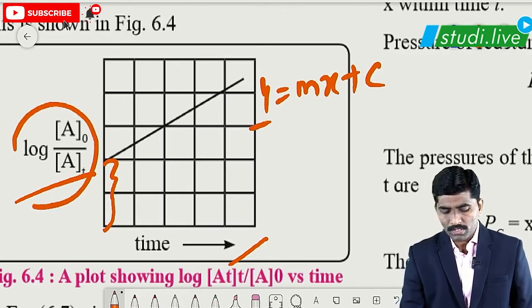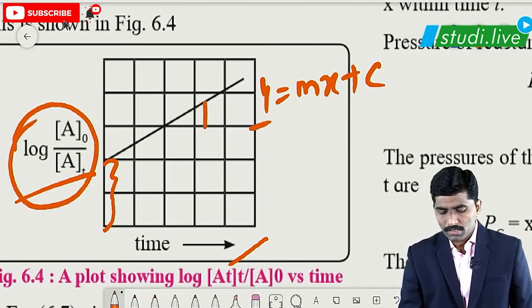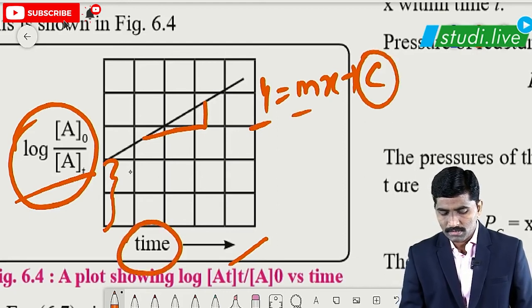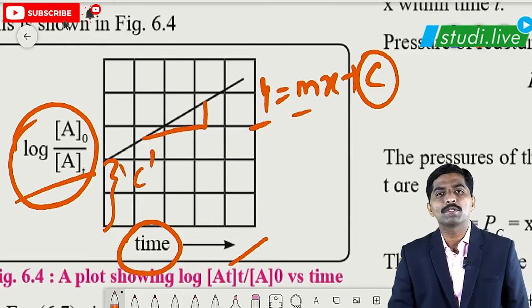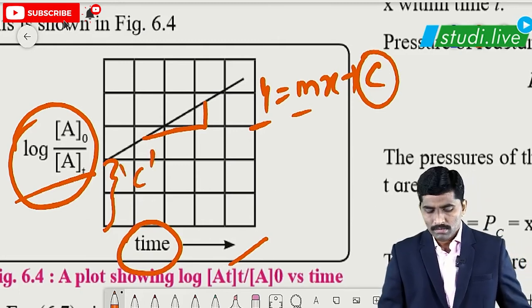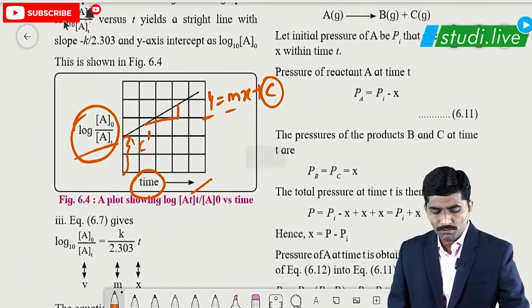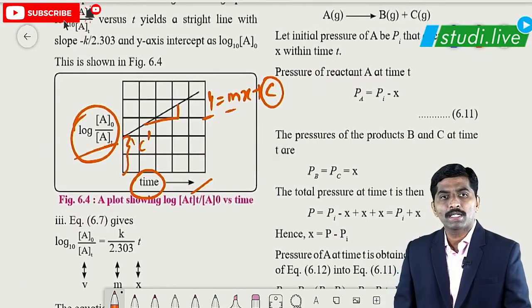Y is log of a naught upon a t, which will have a slope m. X is our time factor, and c is this y-intercept.